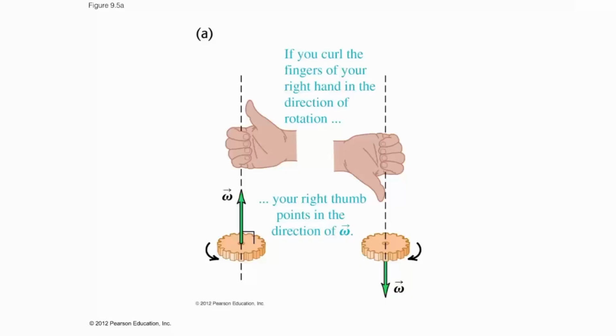Take your right hand, it's got a thumb, and then it's got these four fingers. You're going to wrap your fingers around in the direction that the wheel is spinning. So in this case, I wrap them around like this, and notice which way my thumb points. Towards you guys.